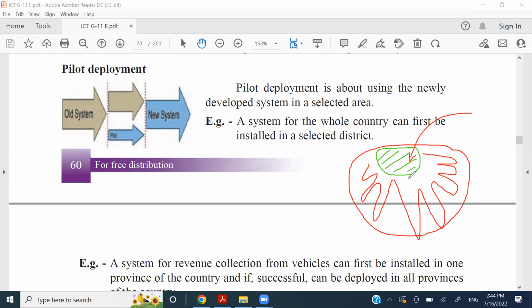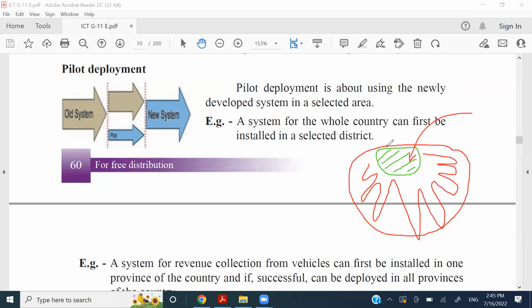Now think about a student information system which is going to be introduced to a school. If they are going to introduce it using the pilot deployment, the project team can suggest: let the primary section have the new system and do all their work using it, and let the secondary section keep the old way.